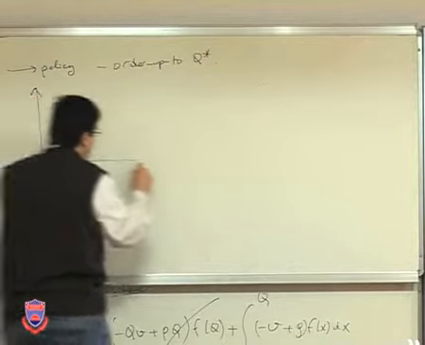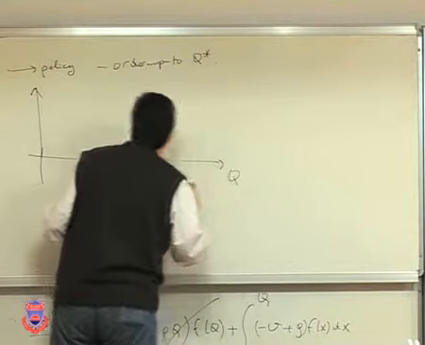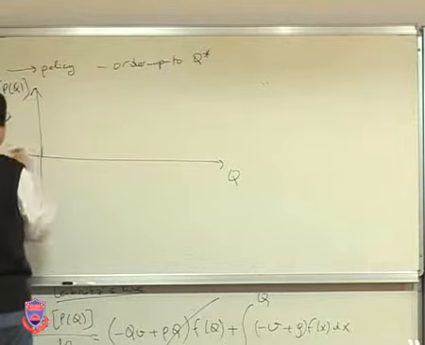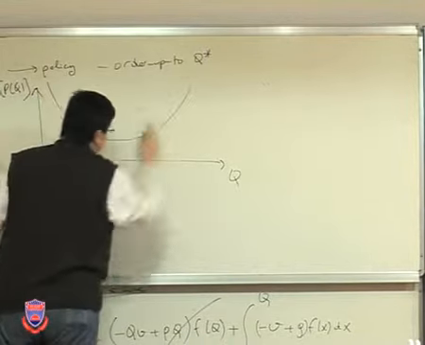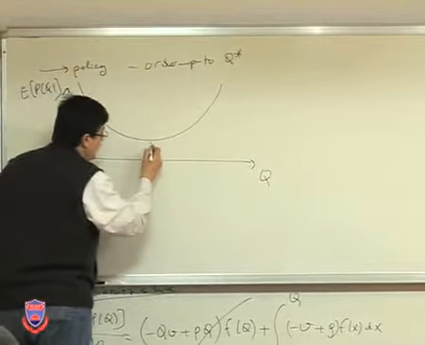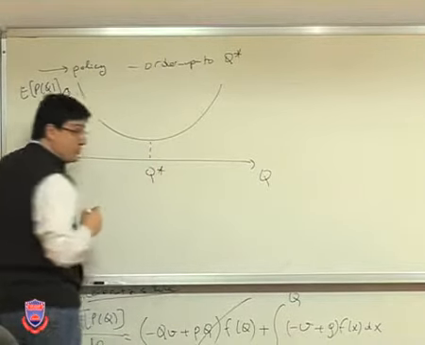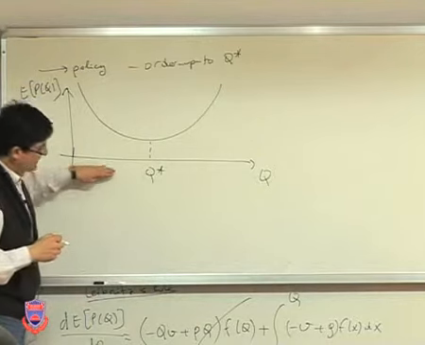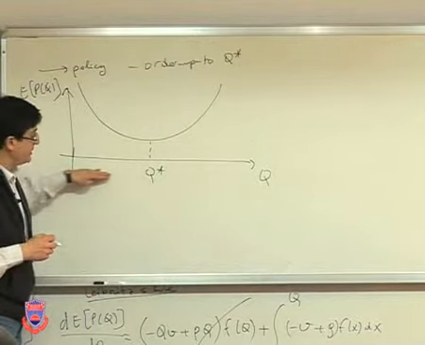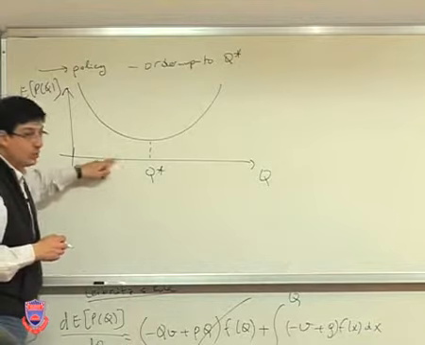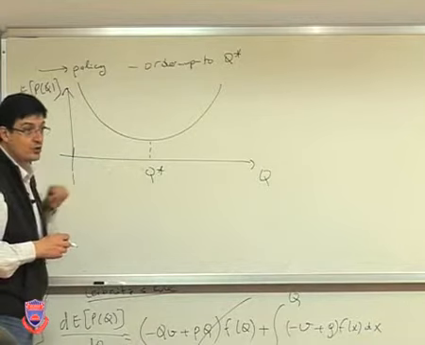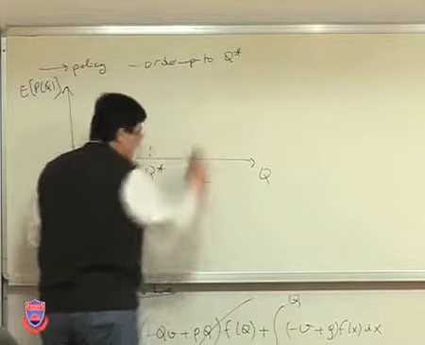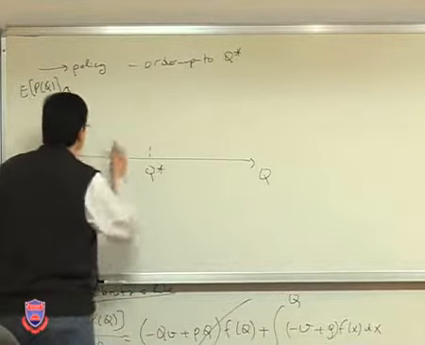So this is the basic meaning of this policy. If you have the Q value here, and here we have expected P of Q, and this is a concave function, as I mentioned. The optimizing point is the Q star. So what happens is that if your starting inventory is anywhere here, you order up to Q star. Oops. You're right. We are talking about the profit function. Thank you.